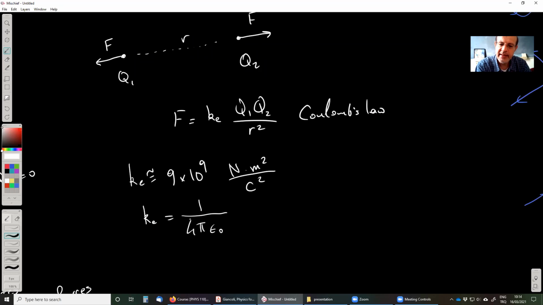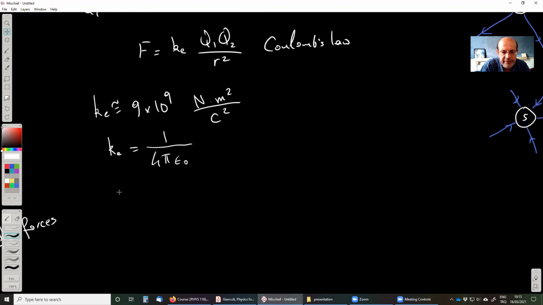In this chapter, it appears like you're writing an extra 4 pi in here, which is completely unnecessary. But in the next chapter, we are going to see Gauss' law, in which case it's going to be simpler to use this epsilon 0 than the other ones. That's the only reason.